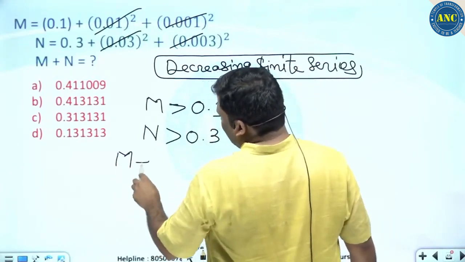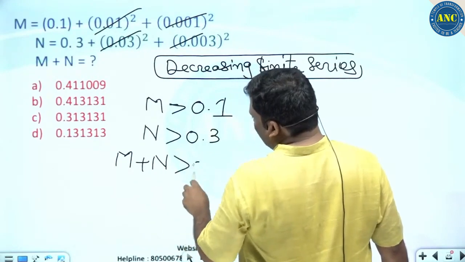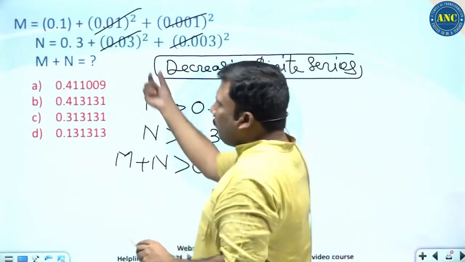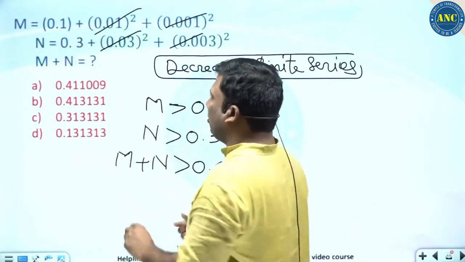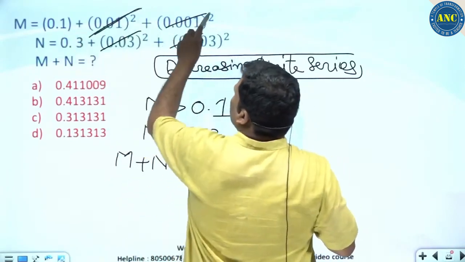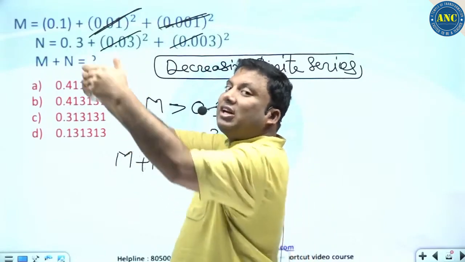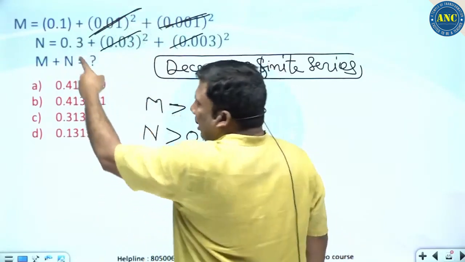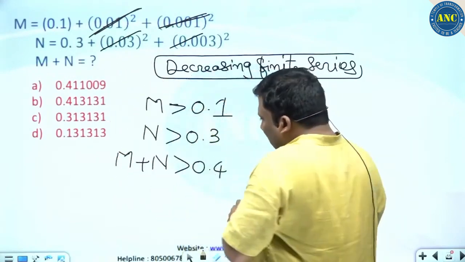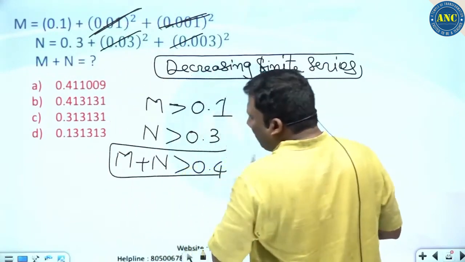M plus N. Answer should be greater than 0.4 because 0.01 is a very small value compared to 0.1. So smaller values can be completely ignored. After the dot, some digits I will get. M is greater than 0.1, N is greater than 0.3. M plus N should be greater than 0.4.